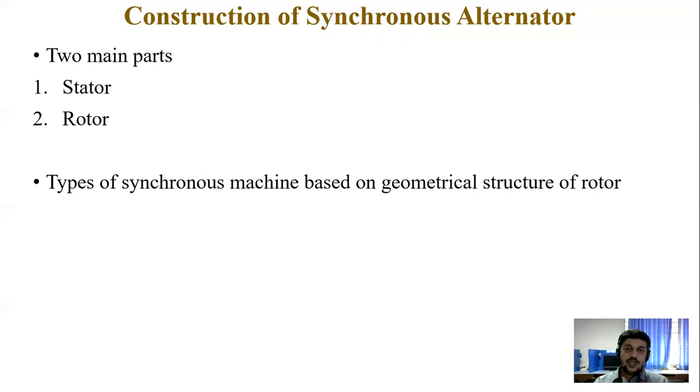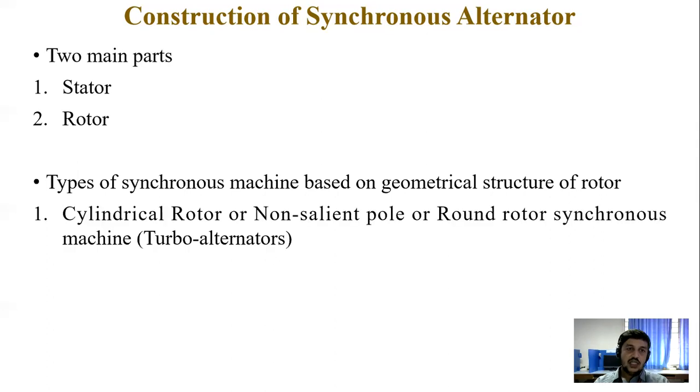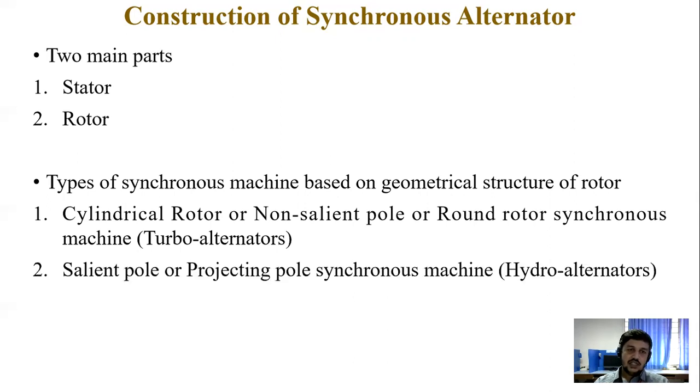Depending upon the geometrical structure of the rotor, there are two different types: the cylindrical rotor, non-salient pole or round rotor type synchronous machine, and the salient pole or projecting pole type synchronous machine.